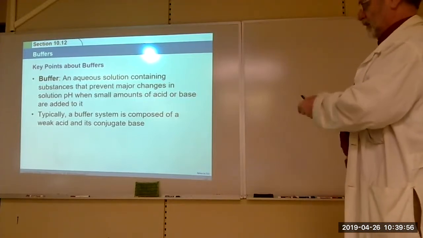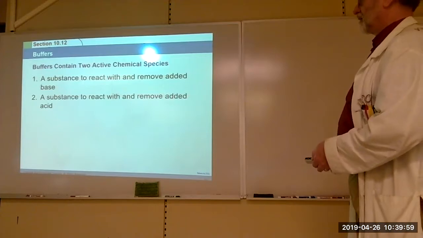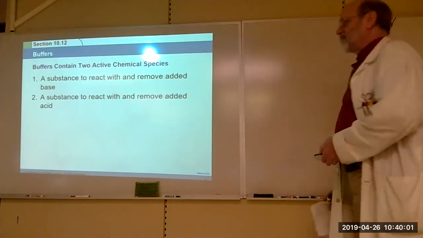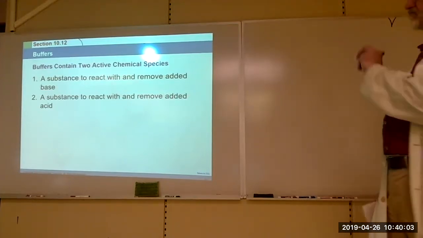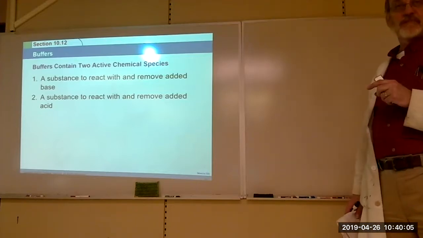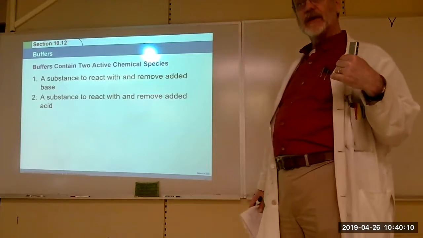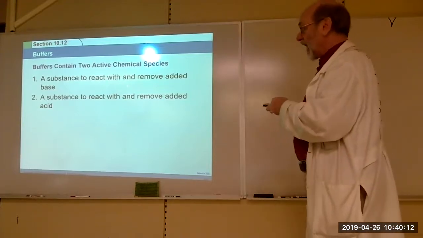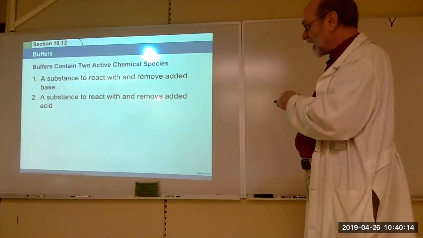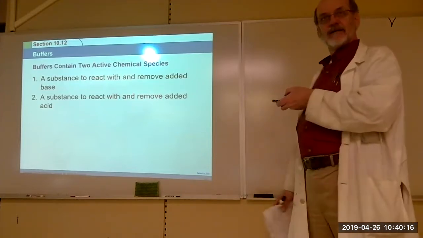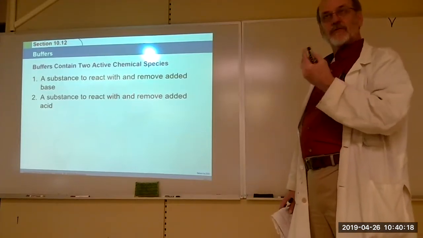Okay, so that's a buffer. Every buffer contains two chemical species. Since it has to maintain pH whether you add acid or base, one of those species reacts with added acid and keeps it from influencing the pH.